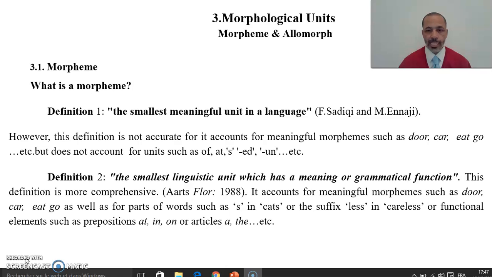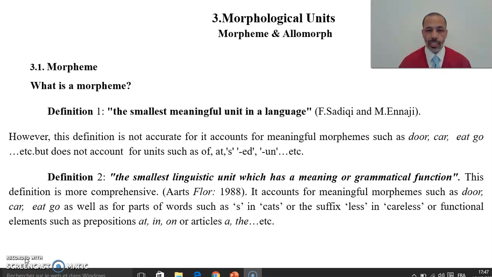For example, the S has no meaning and it's a morpheme. The S can be added to the noun to express the plural. It can be added to the verb to express the third person singular. It can be added to another noun to express the possessive, and so on. So this definition is not accurate because it speaks just about meaningful units.